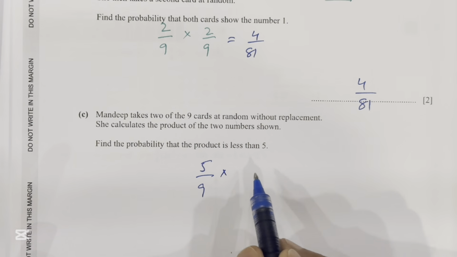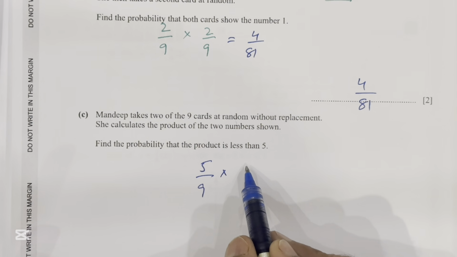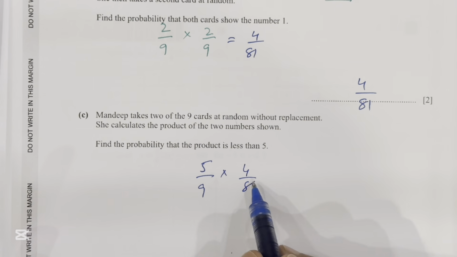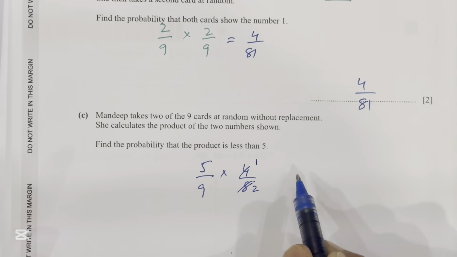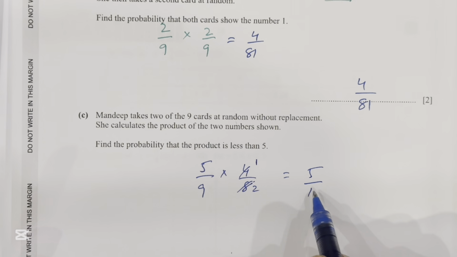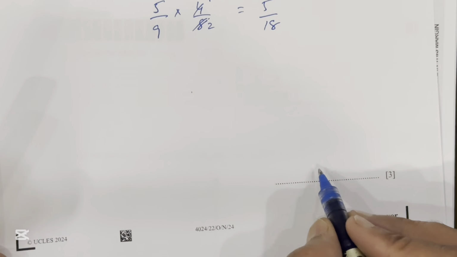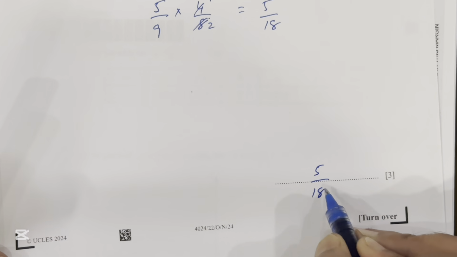And since she is not replacing, the second option would carry one less number. It would be 4 by 8. You can simplify it, 1 by 2, so it would be equal to 5 by 18. So this would be our final answer for this part, 5 by 18.